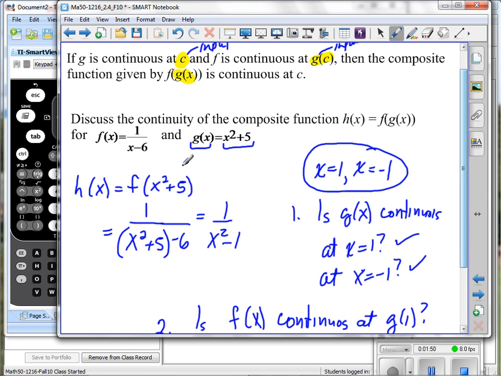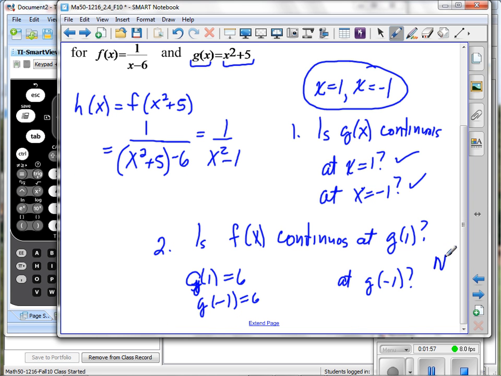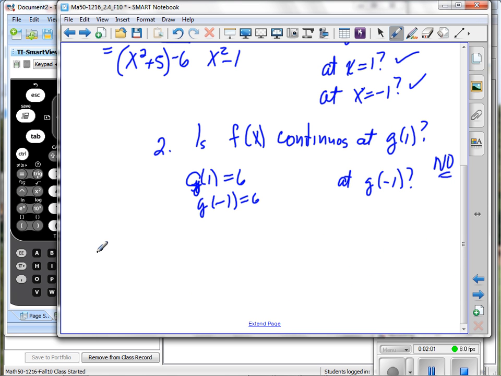Is f of x continuous at 6? Conclusion? Therefore, h of x is or is not continuous at x equaling, and then you fill it in.